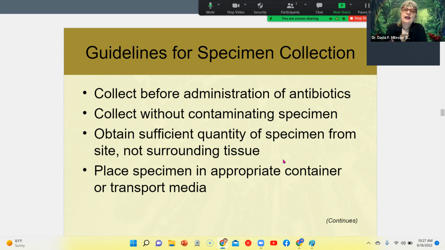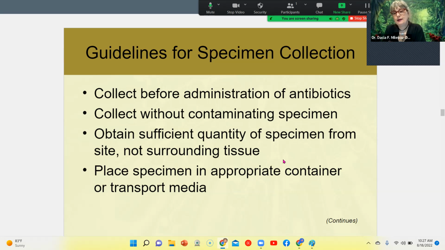So in order to get a culture and sensitivity report, you must be the collector that collects it properly. This is the role of the technician. You're drawing the blood, you're obtaining a culture from a wound. Perhaps the nurse is doing it, perhaps an infectious disease specialist is doing it, whatever the case may be, you need to collect it before administering the antibiotics.